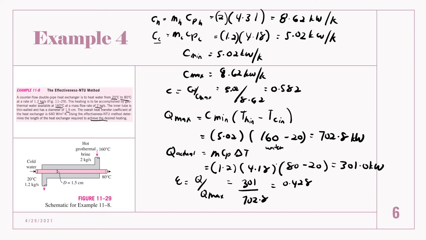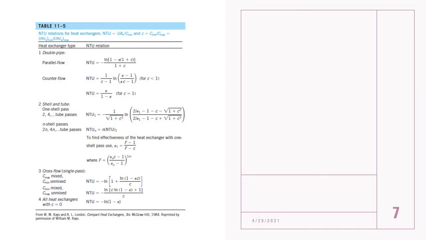Next, after obtaining the effectiveness, we can calculate NTU. To calculate NTU, you can refer to table 11.5. We have a counter flow heat exchanger, and we can take this one because we obtained a capacity ratio less than 1.